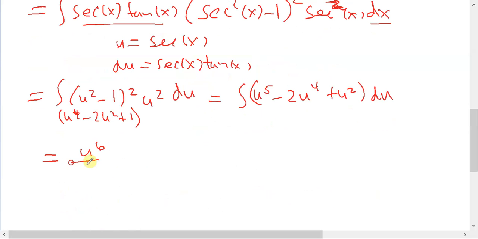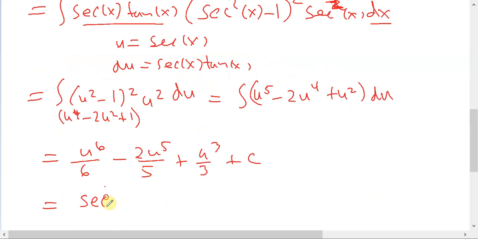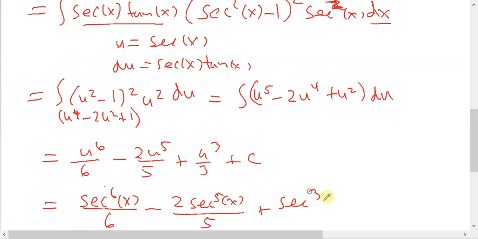I get u to the 6th over 6 minus 2u to the 5th over 5 plus u cubed over 3. And putting the secant back in, it's secant to the 6th over 6 minus 2 secant to the 5th over 5, plus secant cubed over 3. So there's my integral of that one.